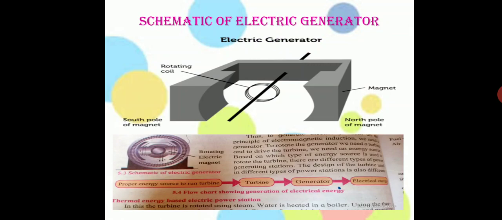The design of the turbine used in different types of power stations is also different. Now here you can see the flow chart showing generation of electrical energy. The proper energy source is required to run the turbine, and it reaches the turbine. Then the turbine is connected to the generator, and the electrical energy is generated from the generator.